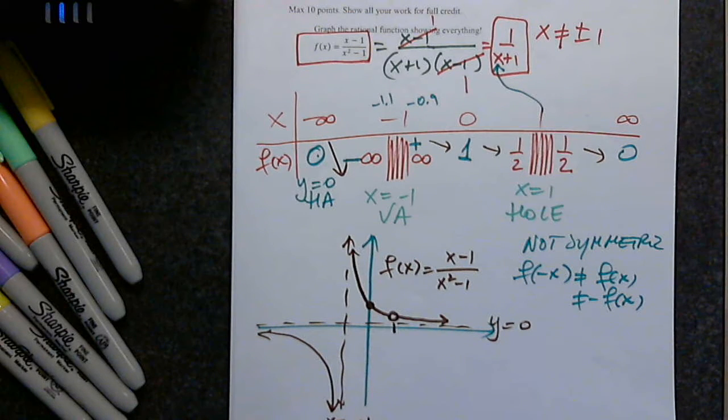Although when I graph it, let's use this zoom 6, it's not going to show. It's right here, but it doesn't show. If you zoom in really, really close, it shows.